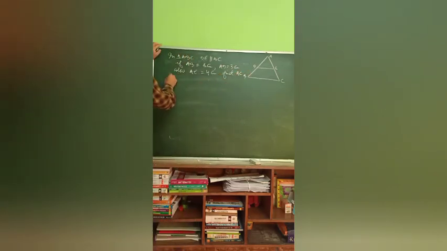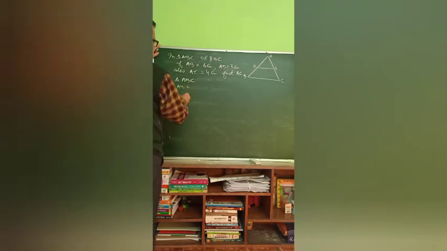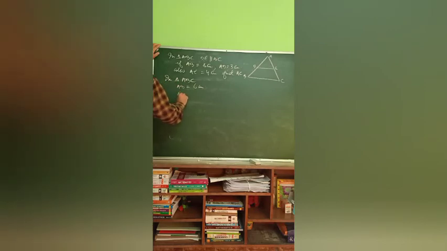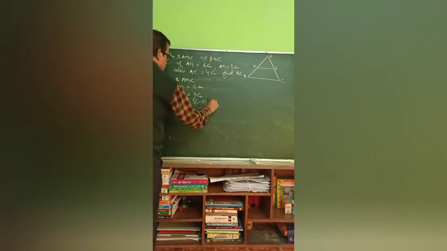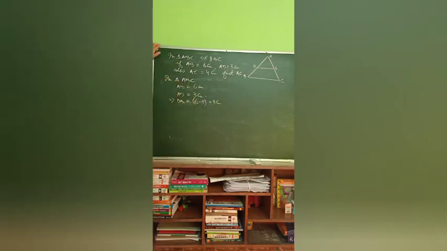So we will first make it in triangle ABC. AB is equal to 6 centimeters. AD is equal to 3 centimeter. This implies DB is equal to 6 minus 3, that is equal to 3 centimeter.